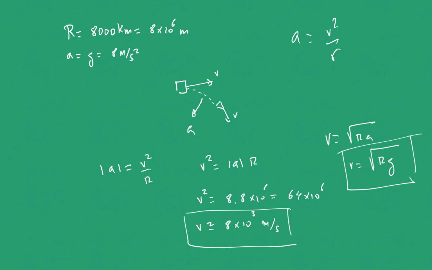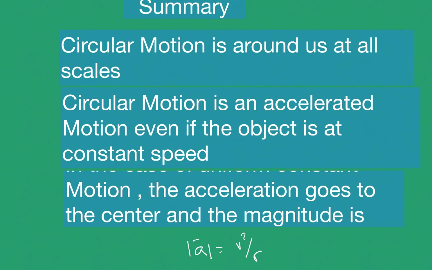A plane is traveling at 1,000 meters per second. So the satellite is traveling 8 times faster than a plane. Okay, that's all. Let's go to the summary.